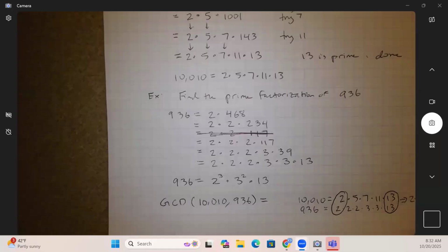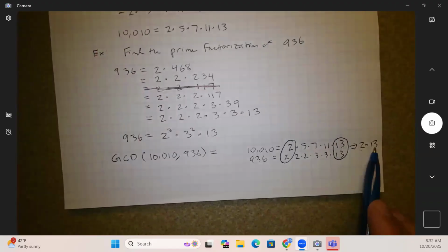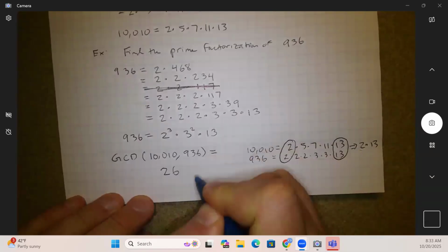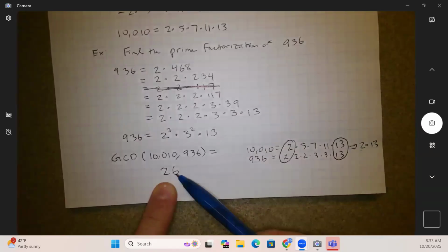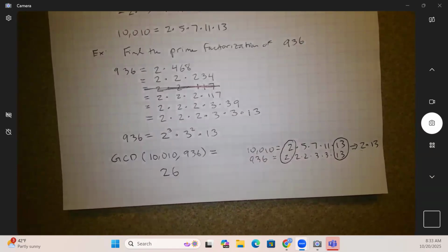So 2 times 13 together are the factors that show up in both. So the greatest common divisor is 26. You find all the primes that they share in common, and you multiply those primes together to get the greatest common divisor. And I certainly would not have wanted to try to find the GCD of these two numbers without first getting those primes personally.